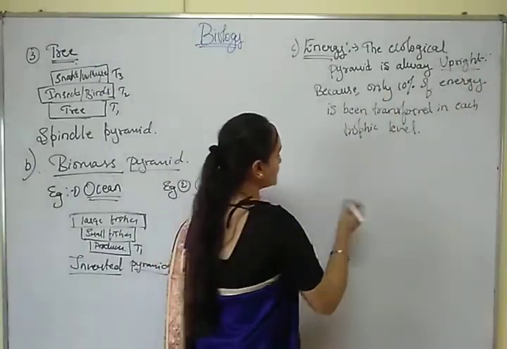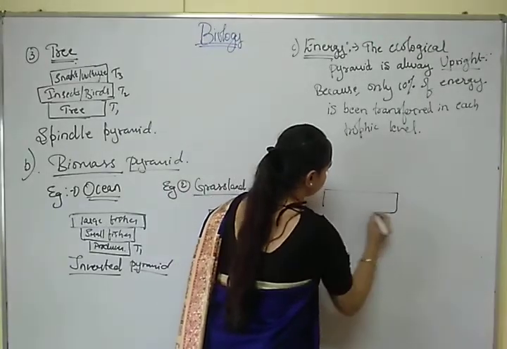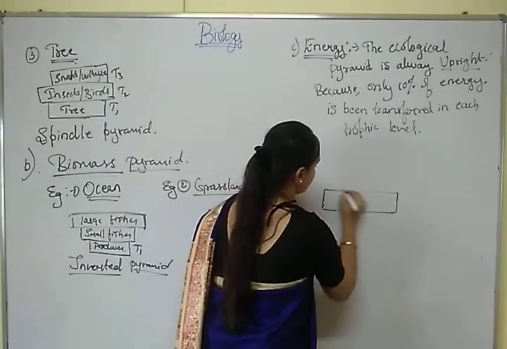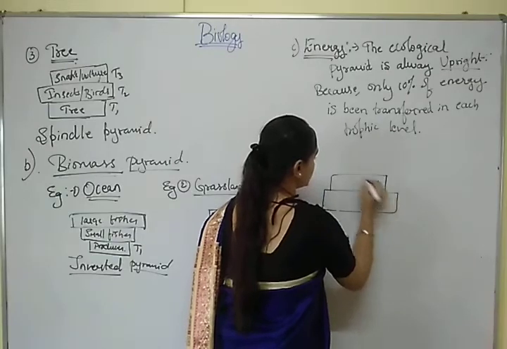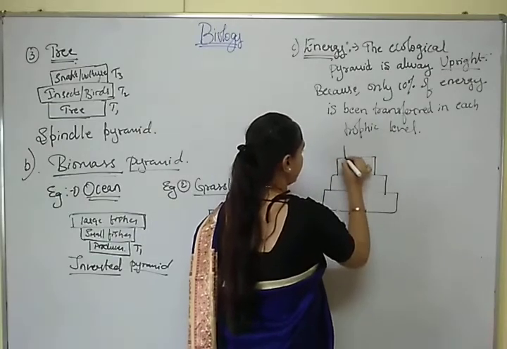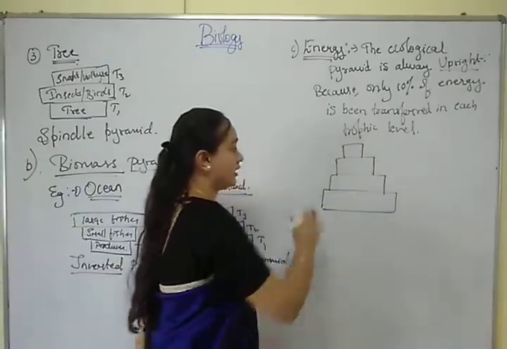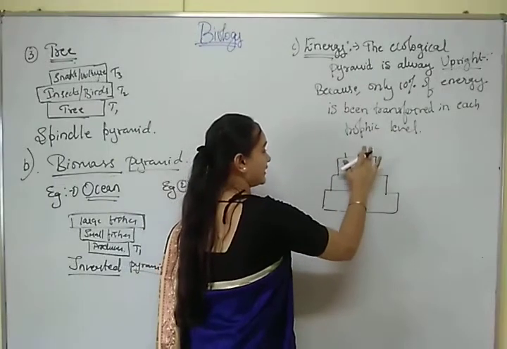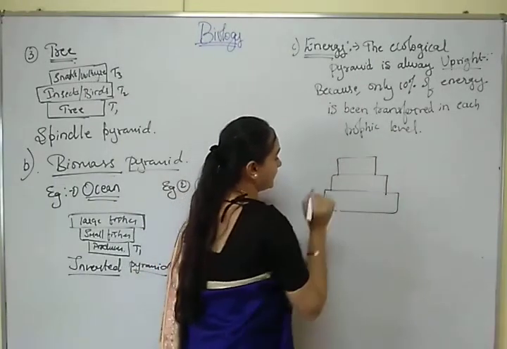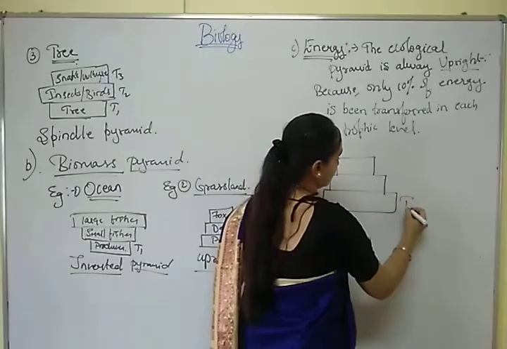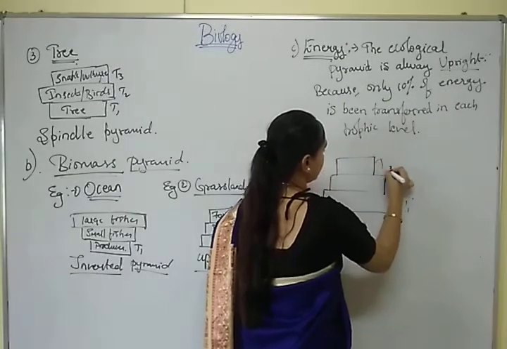So why? Because now let's consider the producers, primary consumer, secondary consumer and tertiary consumer. Now this is T1, T2 and T3.